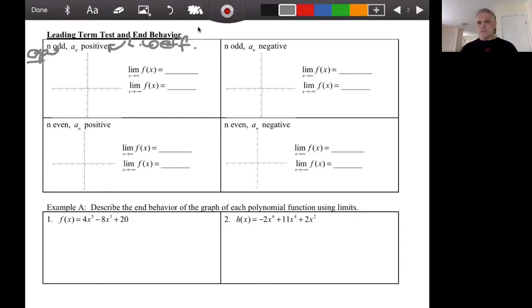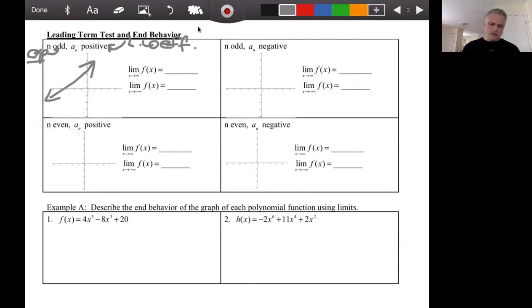Well, I like to think of the easiest odd number that I can have come to mind, which is 1. So y equals x to the first tells me that I have a positive 1 as my coefficient, and x to the first tells me that my exponent is a positive 1. 1 is odd. So what does y equals x look like?